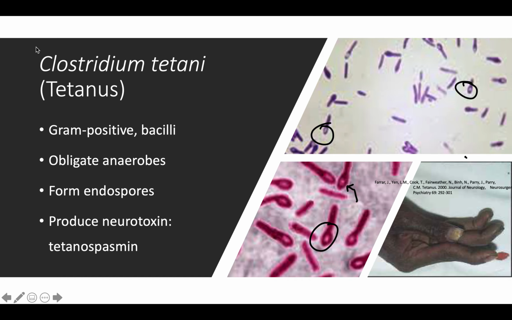Tetanospasmin causes what you see in the photo of the hand on the far right. The toxin blocks the release of inhibitory neurotransmitters, which leads to stiffness of the muscles and painful muscle contractions.